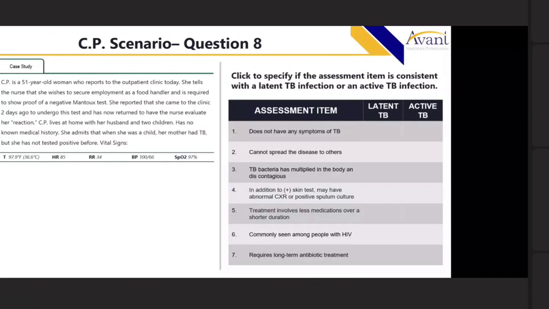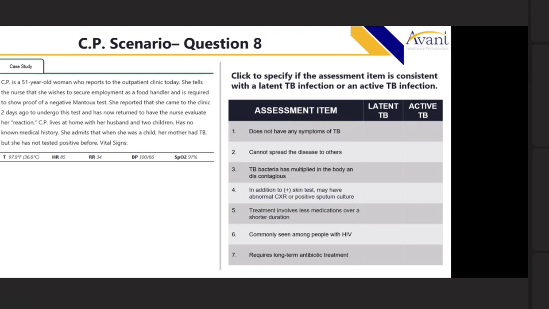Number 4, in addition to a positive skin test, they may have abnormal chest X-ray or positive sputum culture. Number 5, treatment involves fewer medications over a shorter duration. Number 6, commonly seen among people with HIV. And number 7, requires long-term antibiotic treatment.